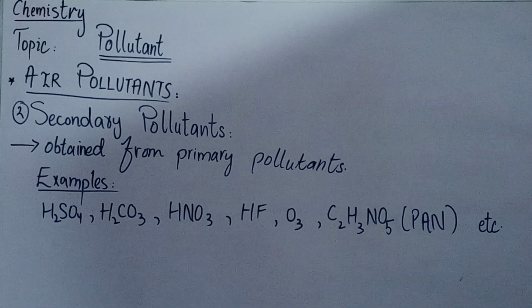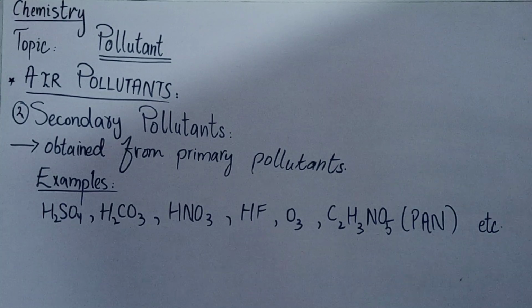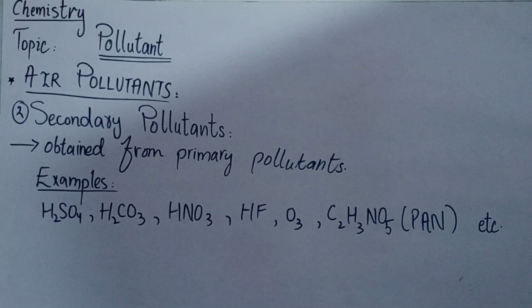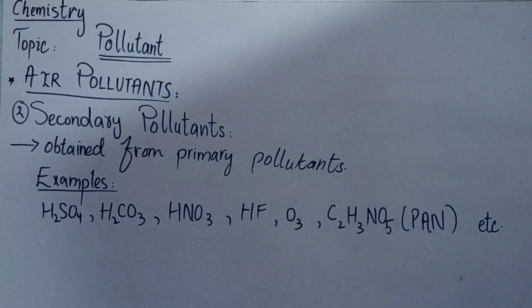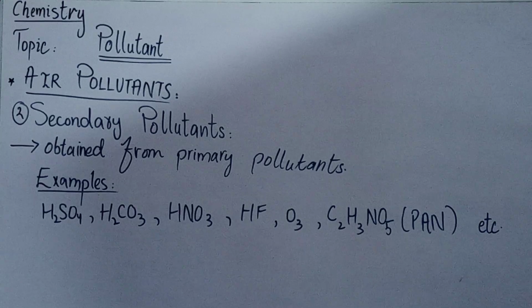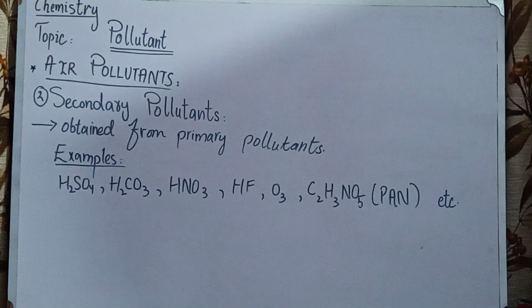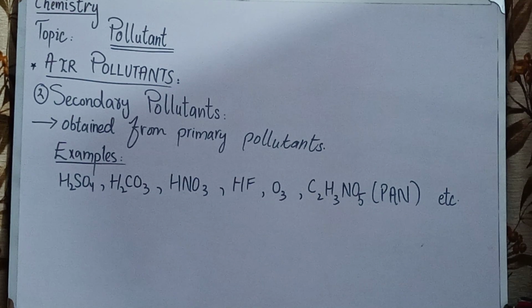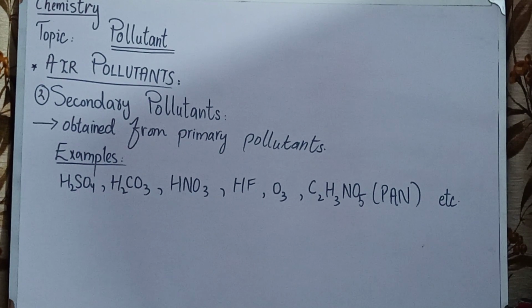Following are the examples: sulfuric acid, second is carbonic acid H2CO3, third is nitric acid HNO3, HF is the hydrofluoric acid, O3 is ozone, and last one is PAN, peroxyacetyl nitrate.